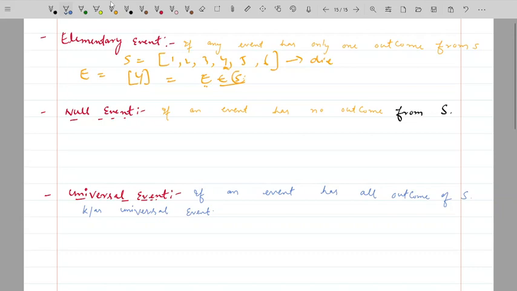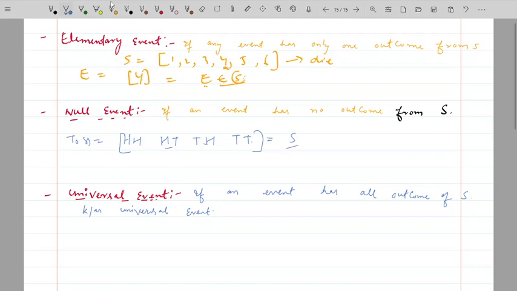Suppose you are performing a toss of a coin, or two coins simultaneously. That is equal to the sample space. If you are doing a toss of two coins simultaneously, then the possible outcomes are head head, head tail, tail head and tail tail. These are all the possible outcomes in the sample space.